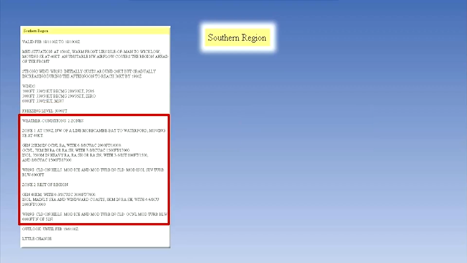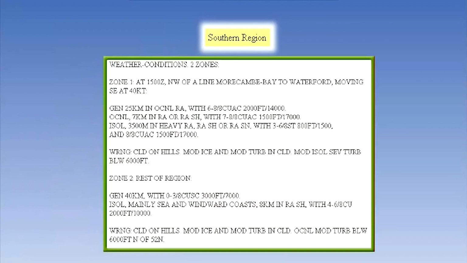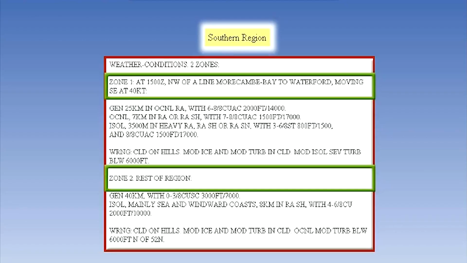Now, looking just below the freezing level section, you'll find a detailed breakdown of the weather conditions forecast for the entire AIRMET region. To keep things organized, this region is often divided into distinct zones, each with its own specific weather profile. In this example, we are looking at 2 separate zones.